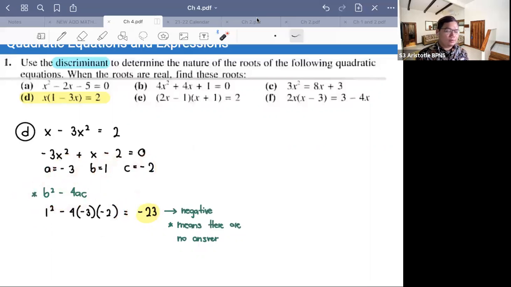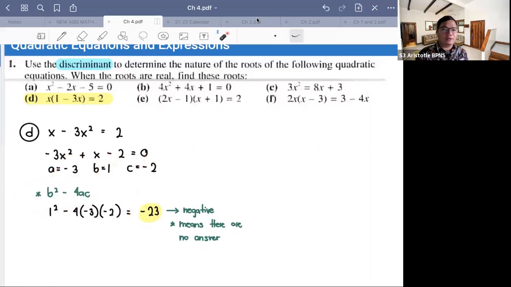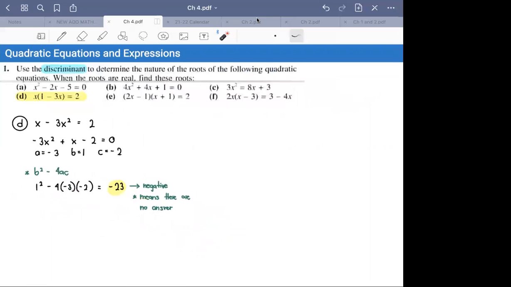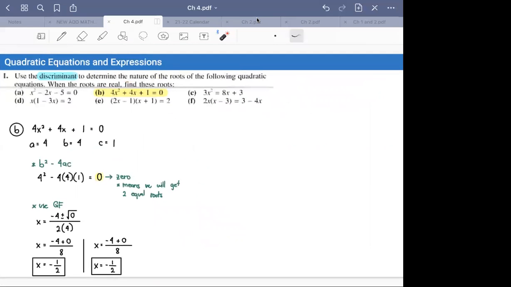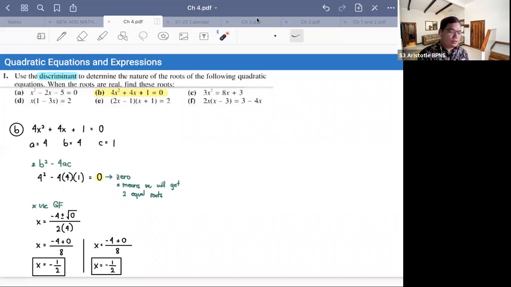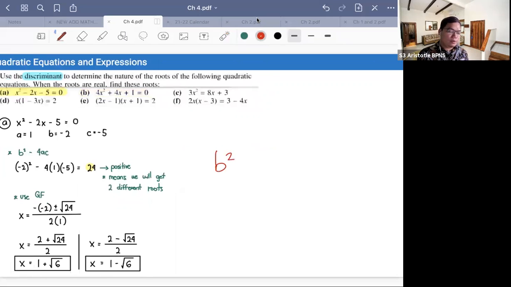Okay, so that's it, guys. Do you guys have any other questions? Can I see the previous slide, sir? Okay, so here, your discriminant b squared minus 4ac is equal to 0. For letter A, your discriminant b squared minus 4ac is greater than 0 because it's positive.